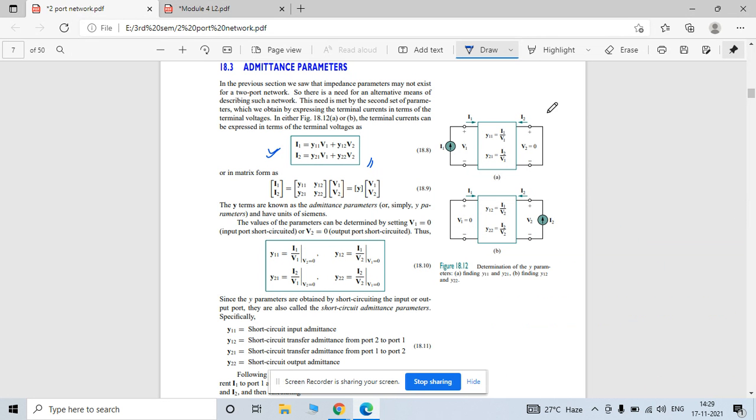Depending on the parameter, there is a short circuit for the second side. Once you short circuit the second side, that is v2 is equal to 0, then you will easily find this y11 and y21 parameters. Once you short circuit this terminal, your voltage must be 0.